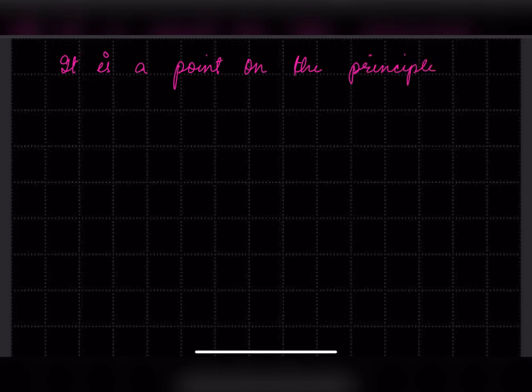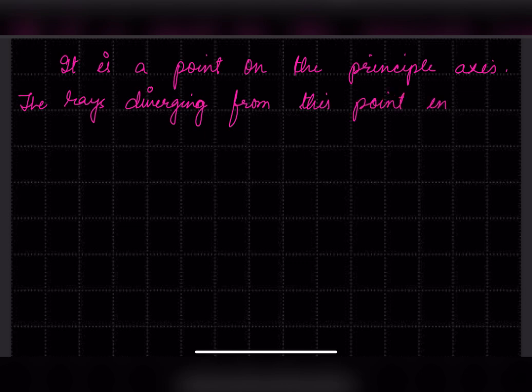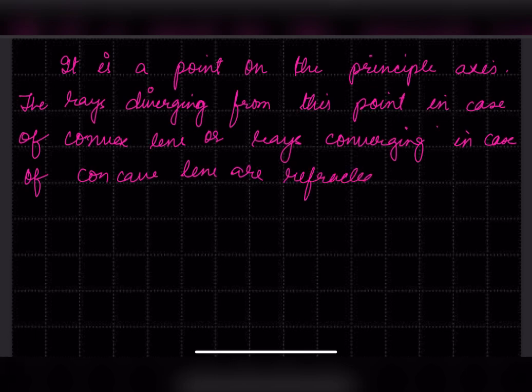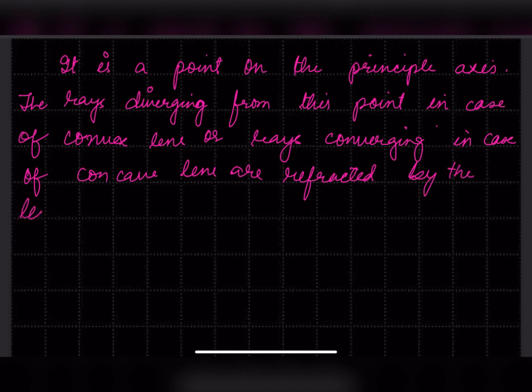The rays diverging from this point in case of convex lens, or the rays converging to this point in case of concave lens, are refracted by the lens parallel to the principal axis.